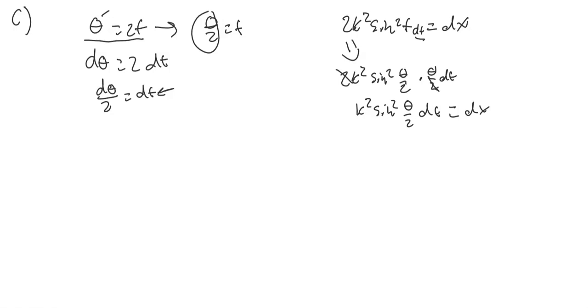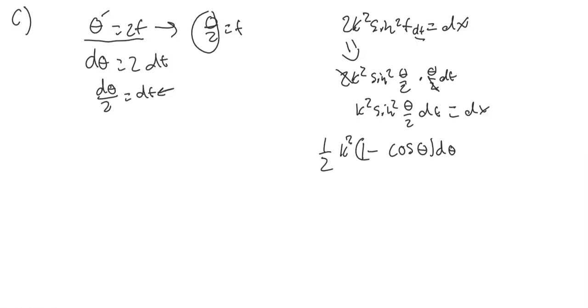I forget which formula it's called, but basically this sine squared will convert into, there's an identity, which goes 1 minus cosine of theta d theta, k squared, 1/2.